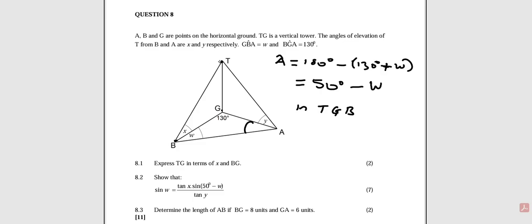So remember, we'll try to use the methods. We have the area rule, the cosine rule, and the sine rule. Here you have an angle which is X, and you also have the length BG, and then you have another length which you need to express, which is TG.